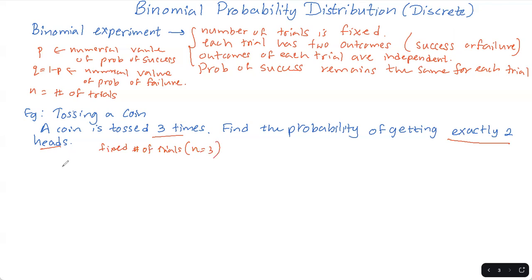And the other thing is there are only 2 outcomes. What are those 2 outcomes? Head and tail, right? And as you can see, outcomes are independent.